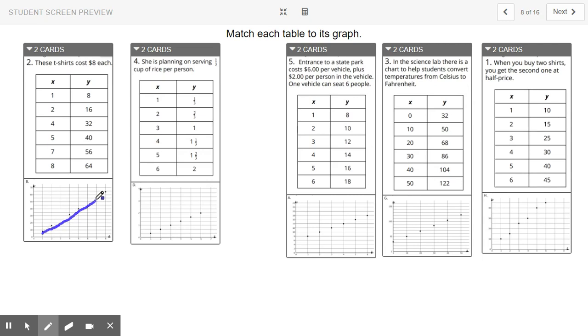If I could draw a straight line, you're going to notice if I draw a straight line through the proportional ones, so there's those 2, it's a straight line, isn't it? And if I draw, okay, so that's proportional, right?